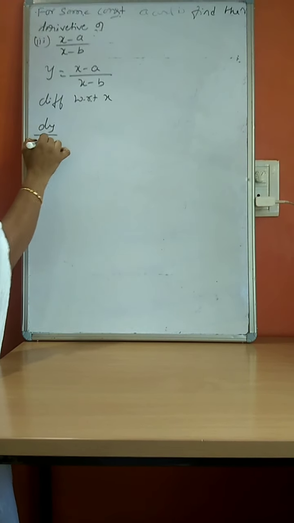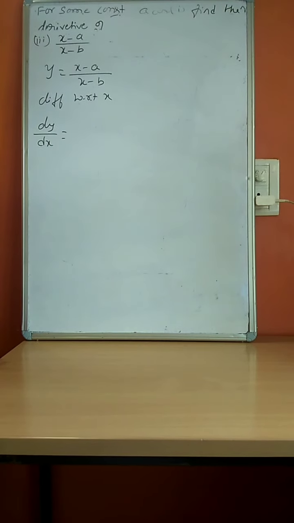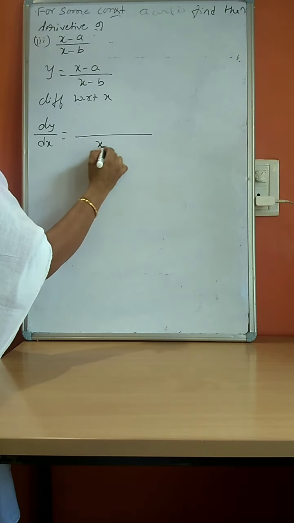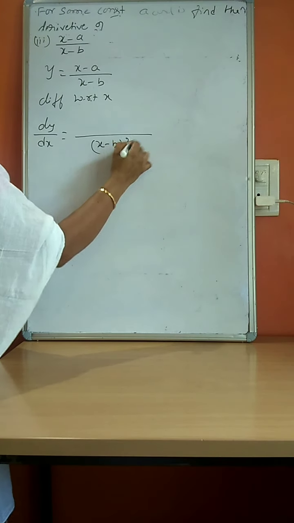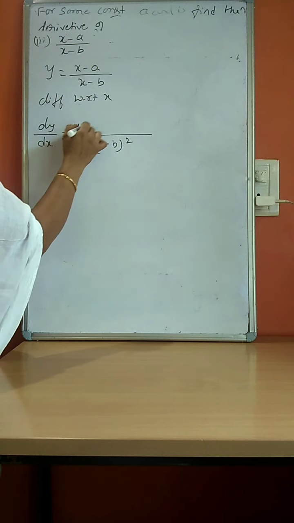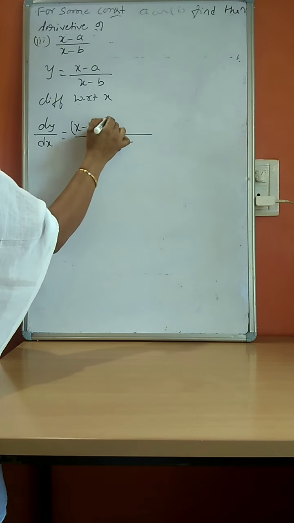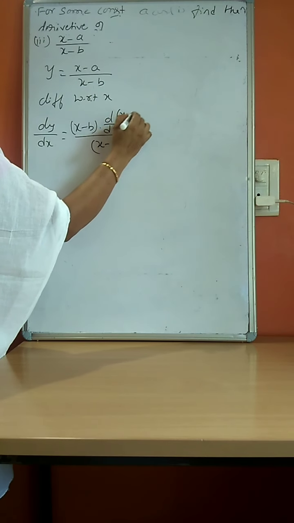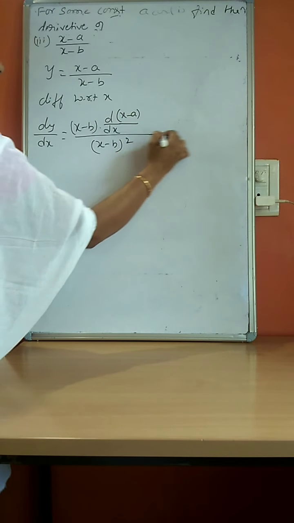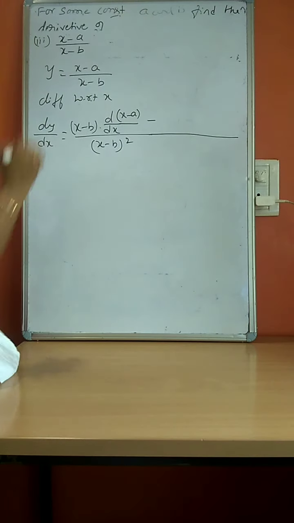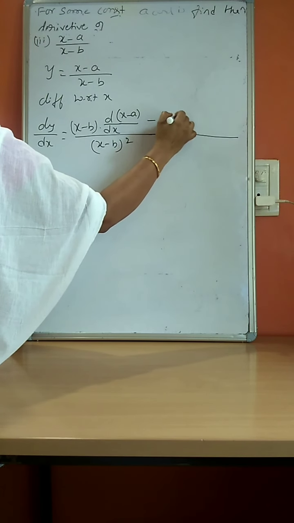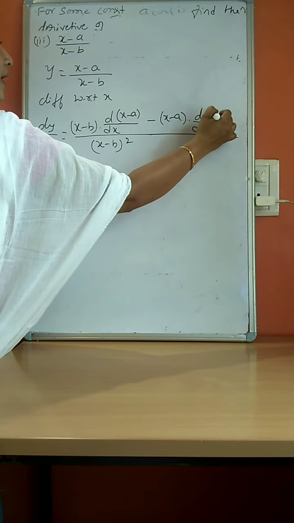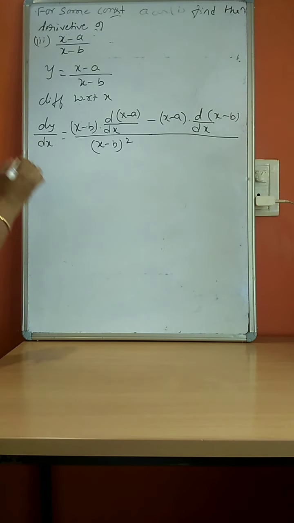dy by dx is equal to. How to apply the quotient rule? That is denominator square, x minus b whole square, denominator x minus b into d by dx of numerator x minus a, minus sign, x minus a into d by dx of x minus b.